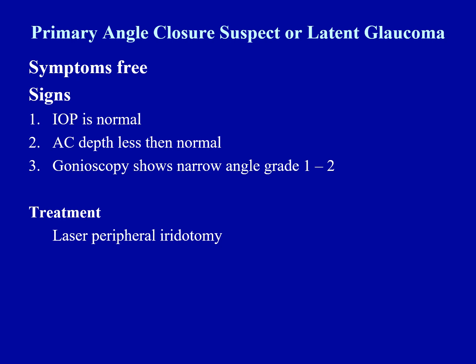If you come across a patient like this, and other risk factors are present, then you go for laser peripheral iridotomy, so that the risk of having acute congestive glaucoma in the future may be averted.